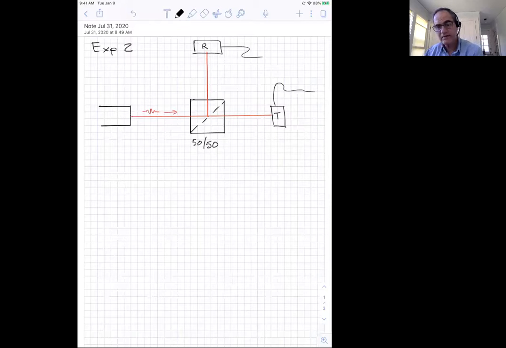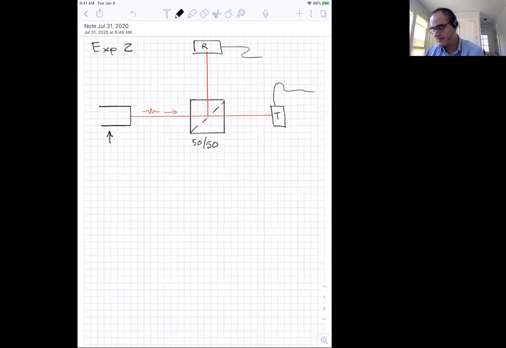Okay, here's the experiment in its simplest form. We have a source of light, a rather special source called a single photon source. Our mental picture here is that this creates single photons, which are sent to a 50-50 beam splitter.